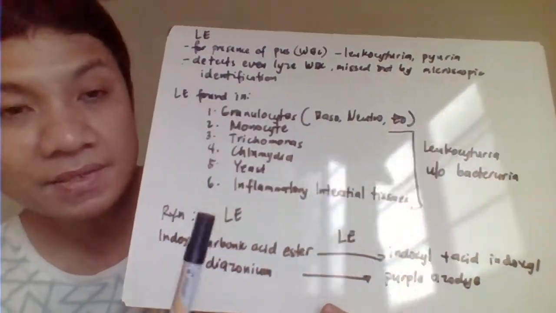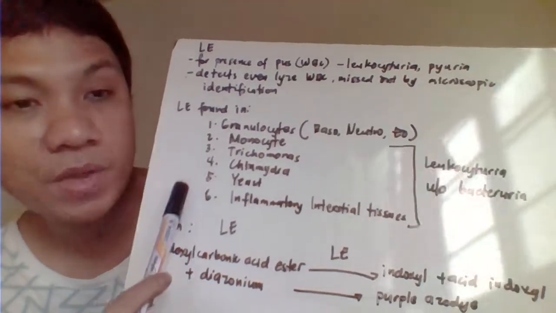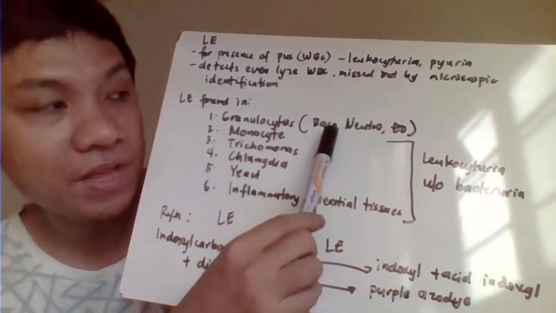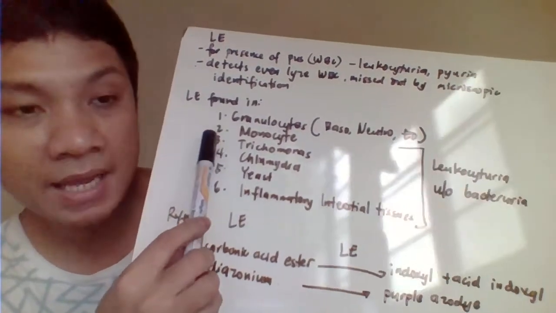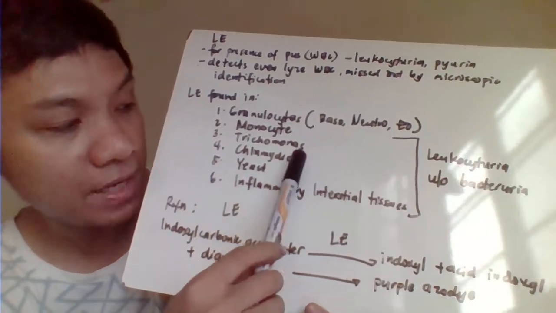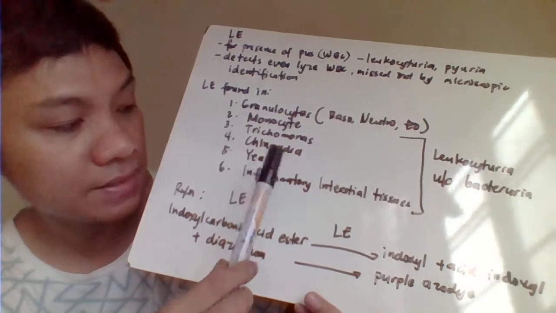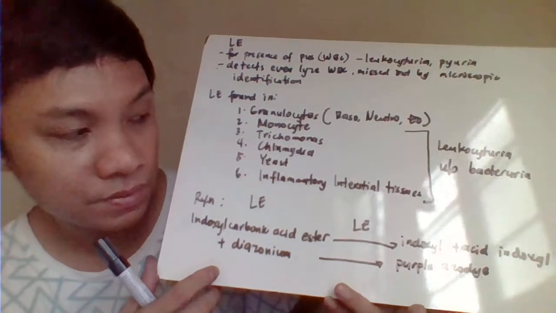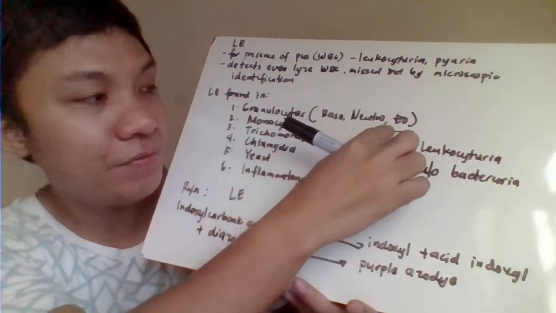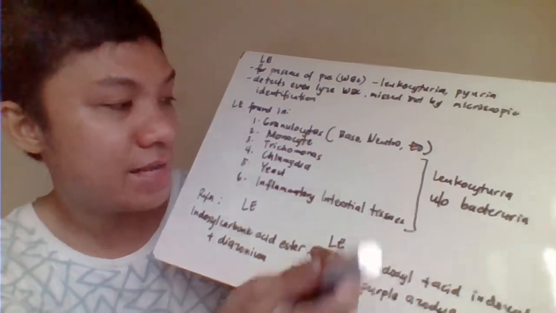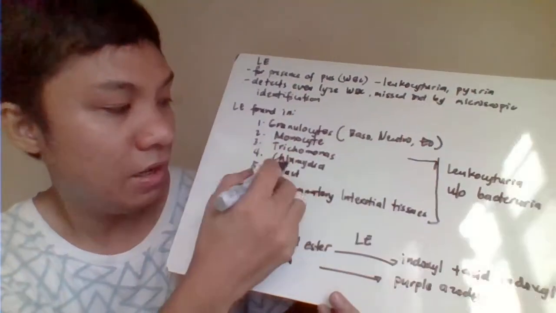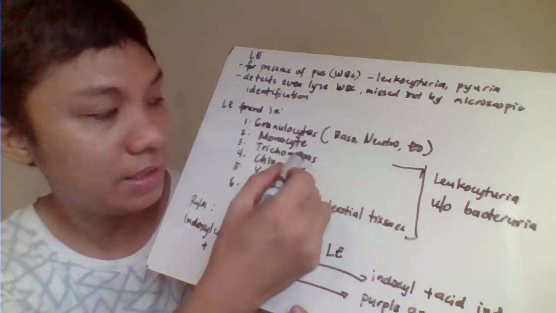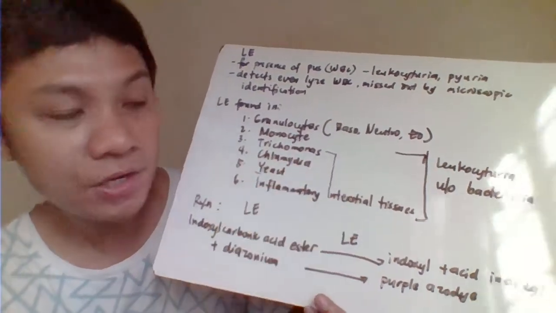Leukocyte esterase is the enzyme primarily found in the following cells. It could be found in your granulocytes: basophil, neutrophil, eosinophil, monocyte. It could also be found in trichomonas, chlamydia, yeast, and some inflamed interstitial tissues. So this one produces leukocyturia.